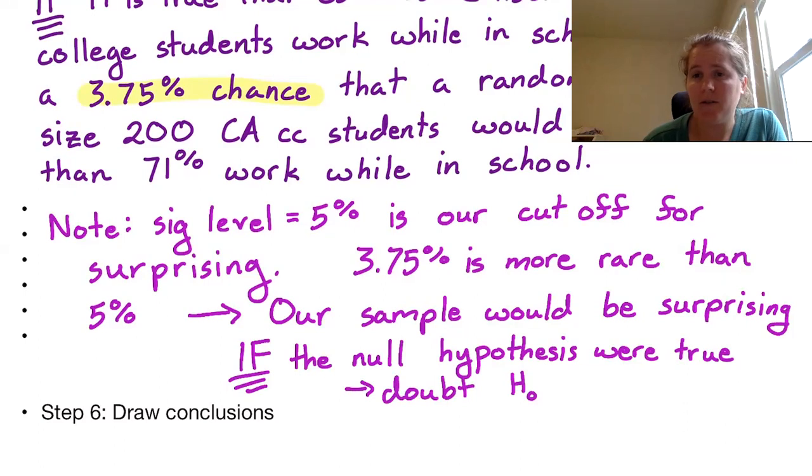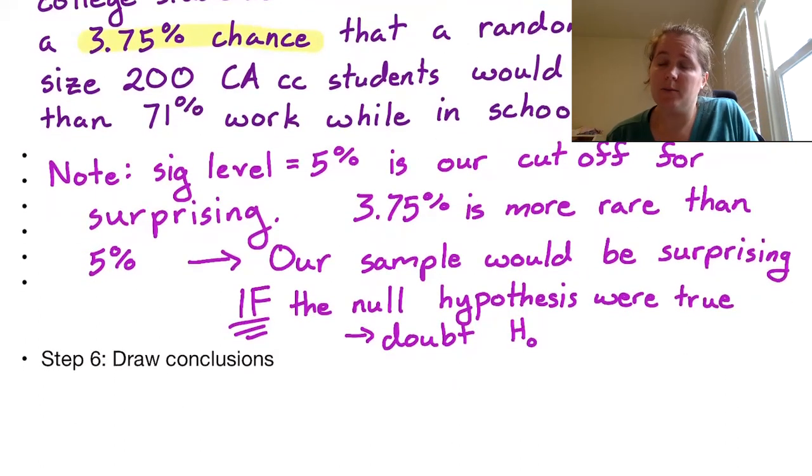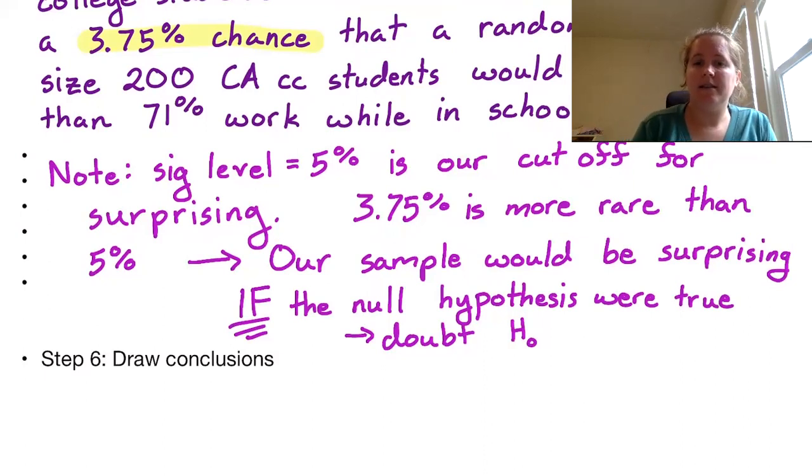So when we draw our conclusions, we have kind of our two possible conclusions. So either there is enough evidence to conclude HA or there is not enough evidence. In this case, because our sample was so surprising, we do have enough evidence.